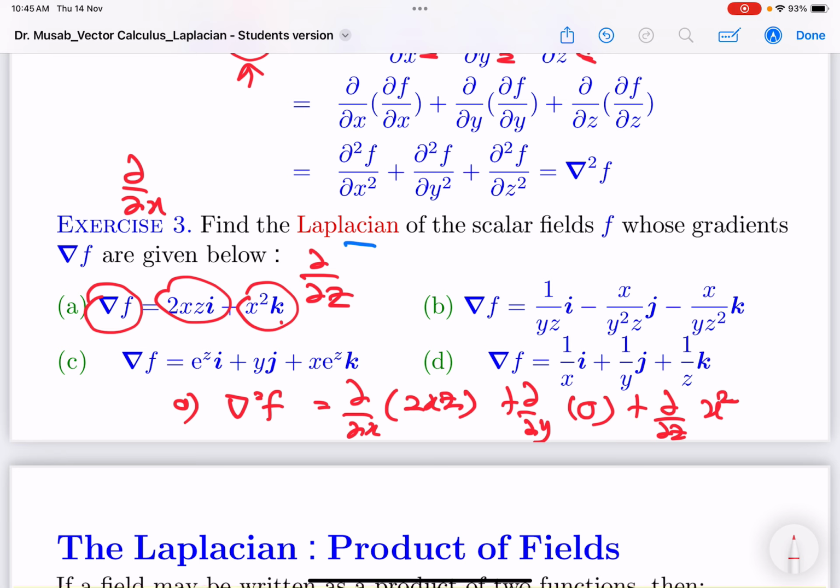For the x component we have 2z. And for the k component, again we need a plus, because it's given in the equation. We have a scalar field, 2z plus, and the z component is 0. So your Laplacian is only considered on the z component. Same goes for the rest.